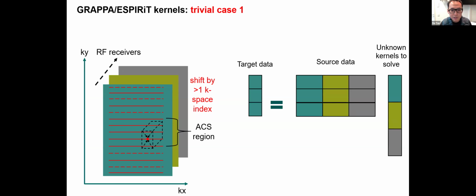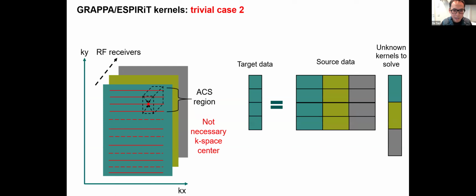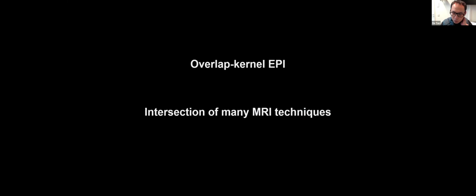Another trivial case is that we don't need to define this ACS region at the center, but we can define it in the peripheral k-space. These two cases are very trivial, because in parallel imaging, if you define these in the k-space center and shift one pixel at a time, you will have the highest SNR for estimation accuracy. But for our shot-to-shot phase fluctuations, this is not really important.